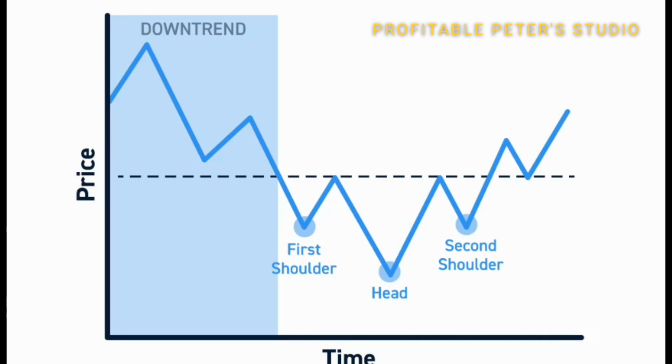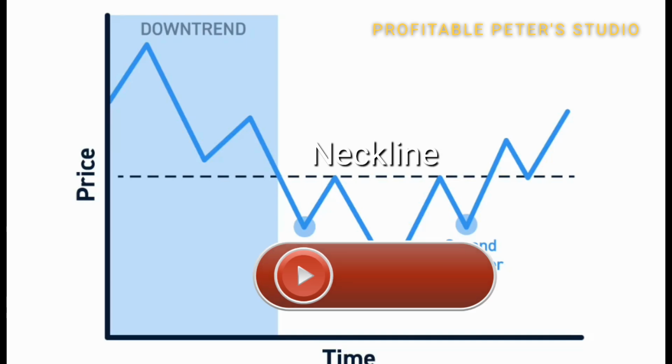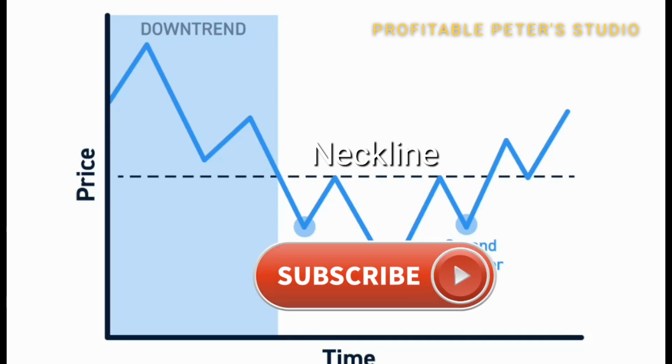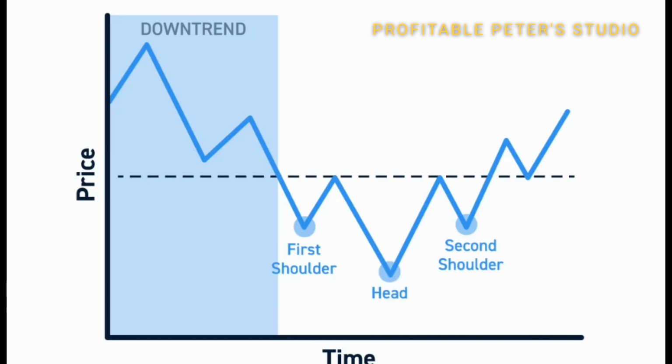Now because it is time for these buyers to really have a day, the buyers at this point push the price and break out of this resistance, which is called the neckline. This is the neckline, and it is a resistance. So the buyers pushed price and broke through this resistance.